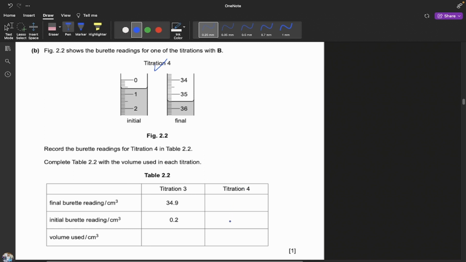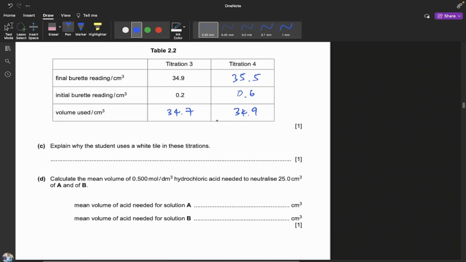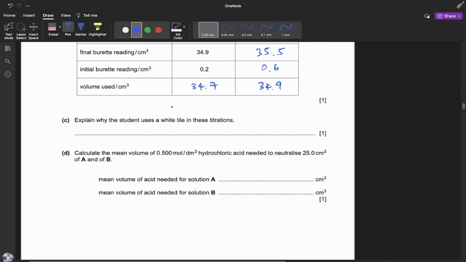The initial reading is 0.6 and the final reading is 35.5. So if you take the change, it's 34.9. Explain why the student uses a white tile in this titration.